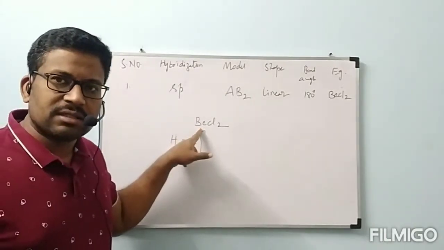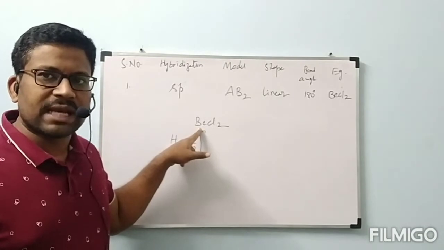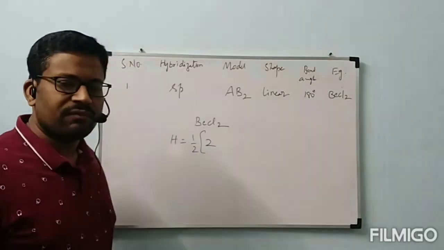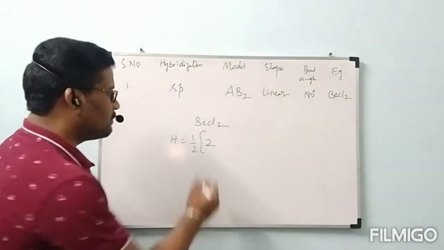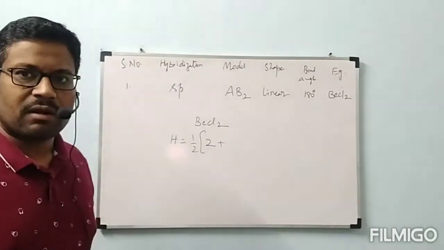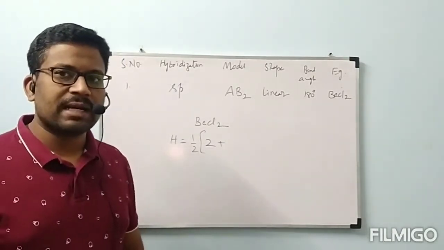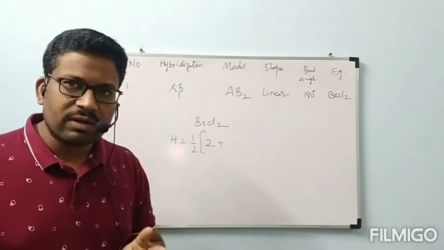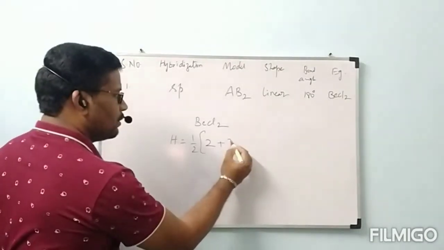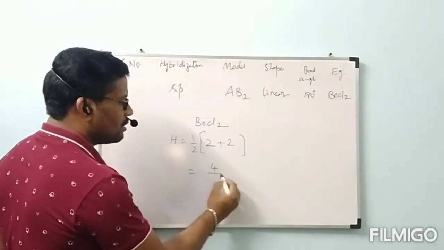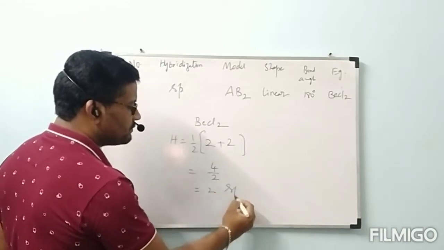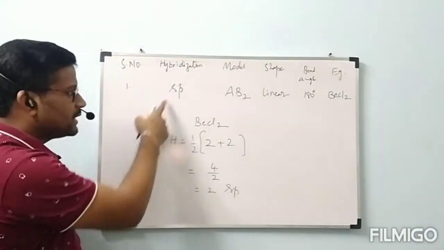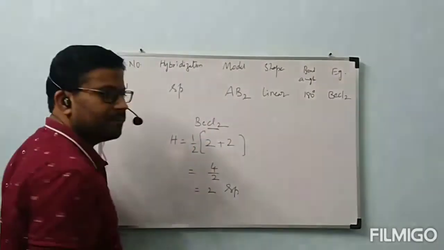How many valence electrons are present on it? Beryllium is in the second group, so it has 2 valence electrons. If you want, check the electronic configuration. Now plus capital M, the number of monovalent atoms bonded. Monovalent atoms means atoms with valency 1. Here chlorine valency is 1 only. How many chlorine atoms are bonded? 2. So this is equal to 4 by 2, 2. 2 means which hybridization? sp. Next, observe the molecule BeCl2.